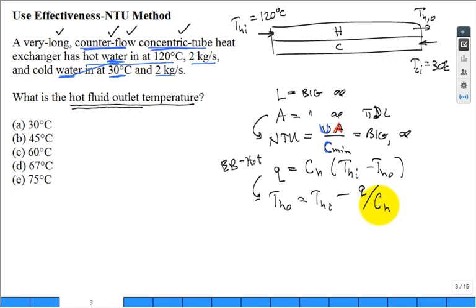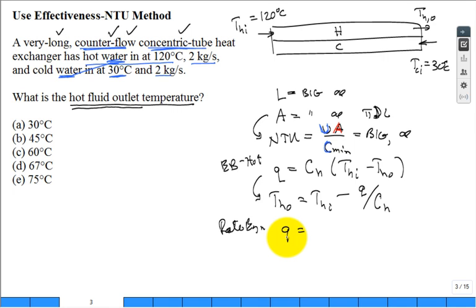The key, what's new for this class, is how to get Q. So we use the rate equation to calculate Q. Using the effectiveness-NTU method, what is Q?